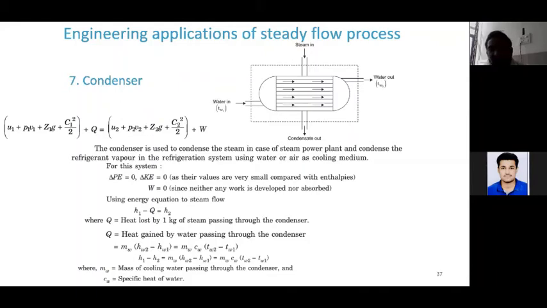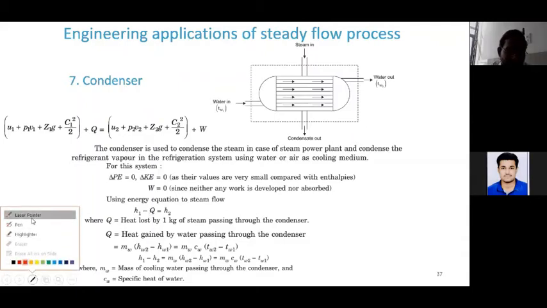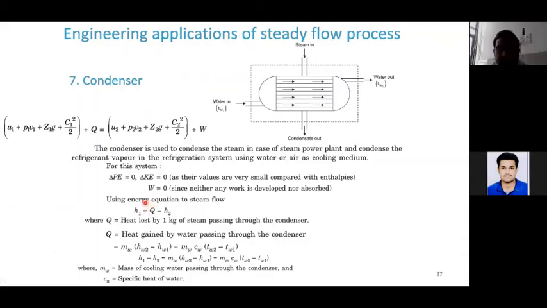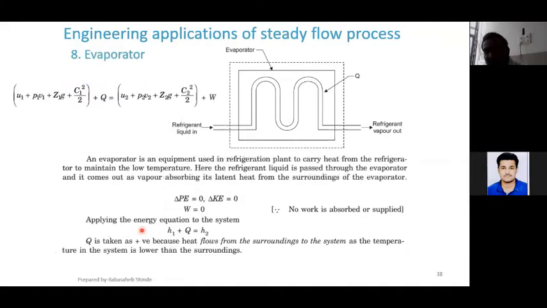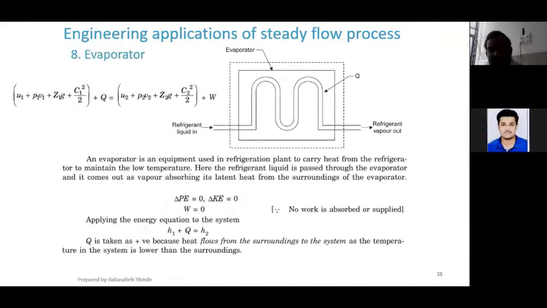That's why you will get Q as positive, whereas in case of condenser, it is going to lose heat to the atmosphere. So heat will be going out of the system. That's why in case of condenser, this Q is negative. That we can see over here. This Q is negative. That was the difference between condenser and evaporator. Remaining all other things are going to remain same.